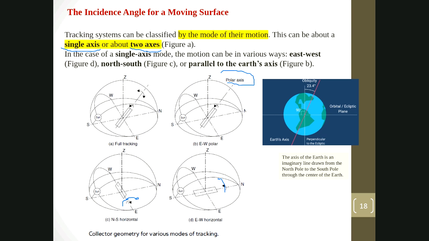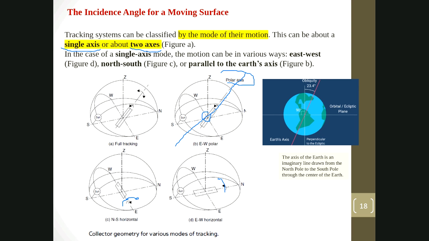What is the polar axis? The polar axis is an imaginary line drawn from the North Pole to the South Pole, passing through the center of the Earth.